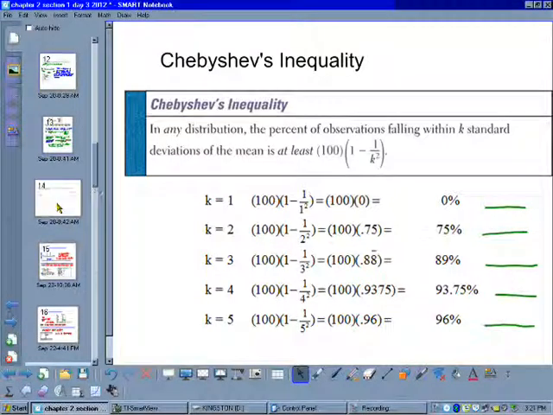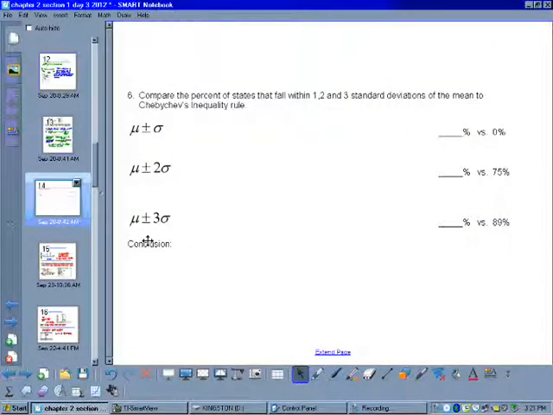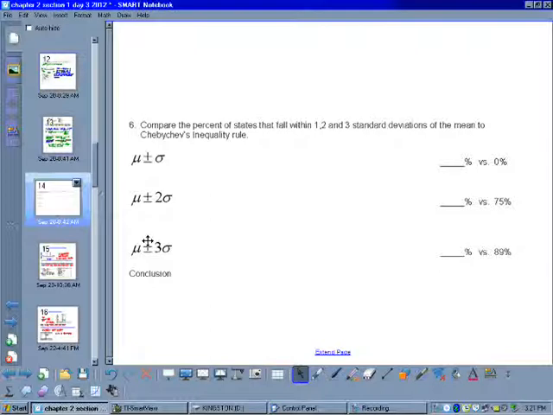So we are now going to test Chebyshev against our current data set called state, remembering that our mean, our x-bar, is 4.9, and our standard deviation is equal to 0.98. I'm going to use these values and check the places of the data.